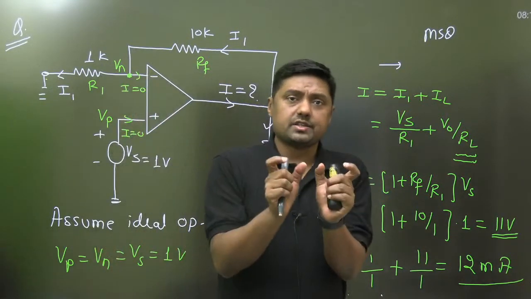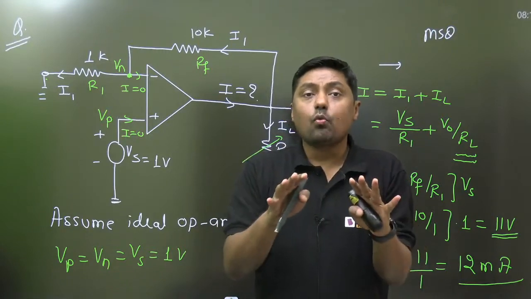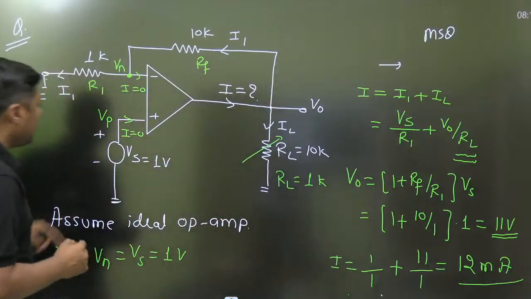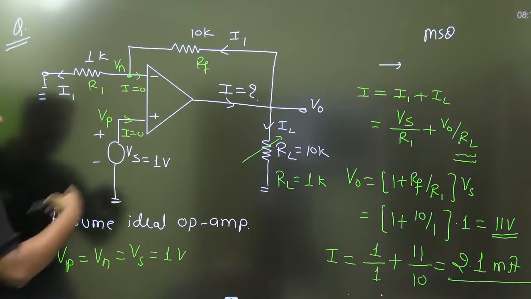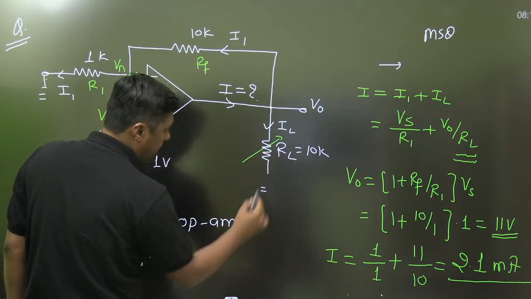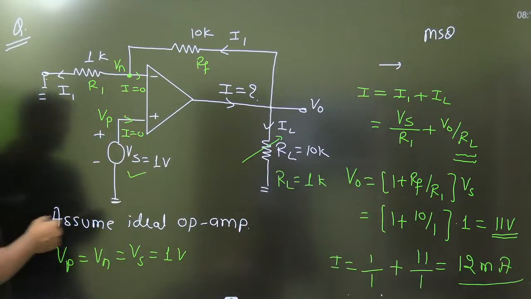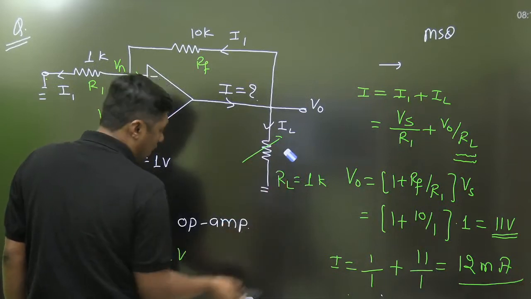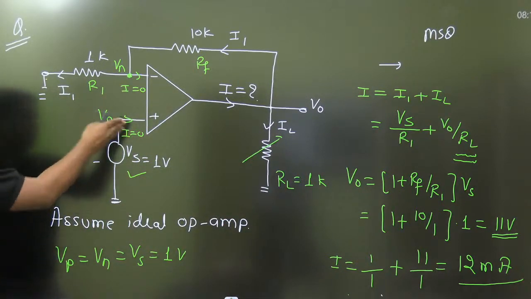In both the cases, try to understand the concept. What is the current given by the Vs? In the first case, when RL is 10 kilo ohm, what was the current? Same, 0 current is given by the Vs. In the second case, when RL is 1 kilo ohm, again, what is the current given by this Vs? 0.